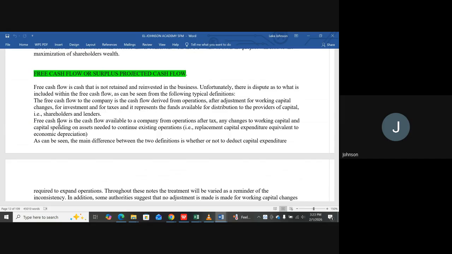When you have adjusted for depreciation, you are going to add it back, because normally accounting law says depreciation should be deducted. Before you got your profit before interest and tax, you must have deducted depreciation. Now, that depreciation is not a cash item, it does not involve the movement of money. So what will they do? They will add it back to the profit before interest and tax.